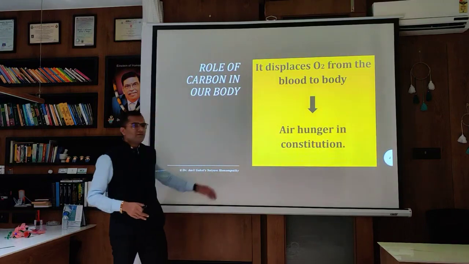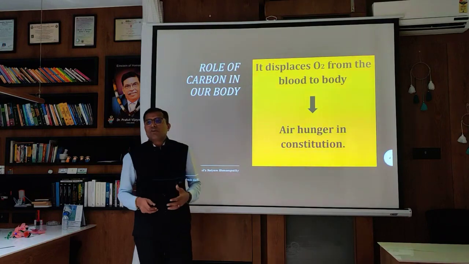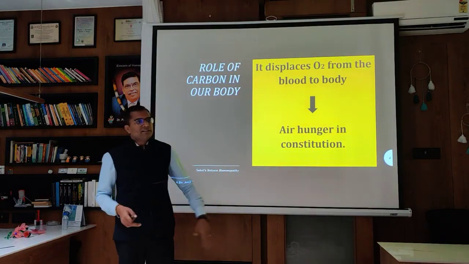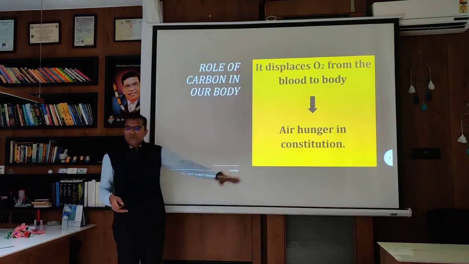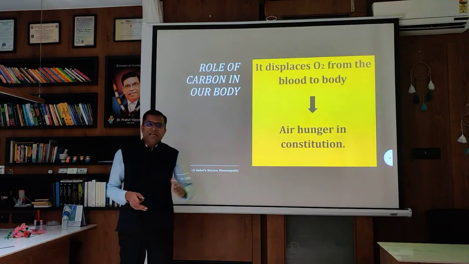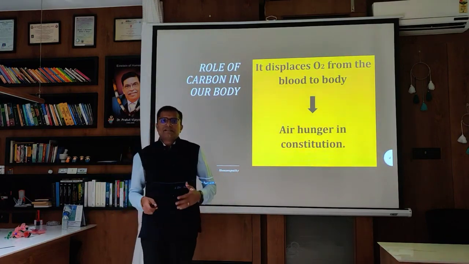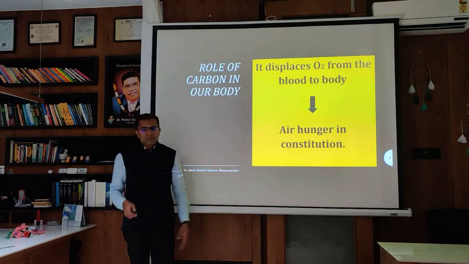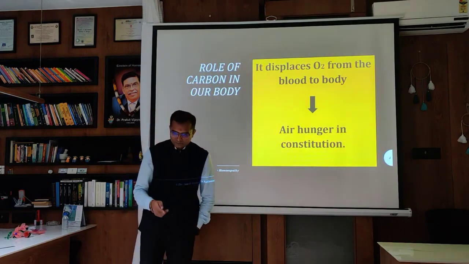In that, the respiration becomes disturbed, which we call Kussmaul respiration, Cheyne-Stokes respiration, and this is the condition called air hunger. When you find a patient in the last stage of presentation who has started having air hunger, you can think of carbon, because the basic role of carbon is like this.